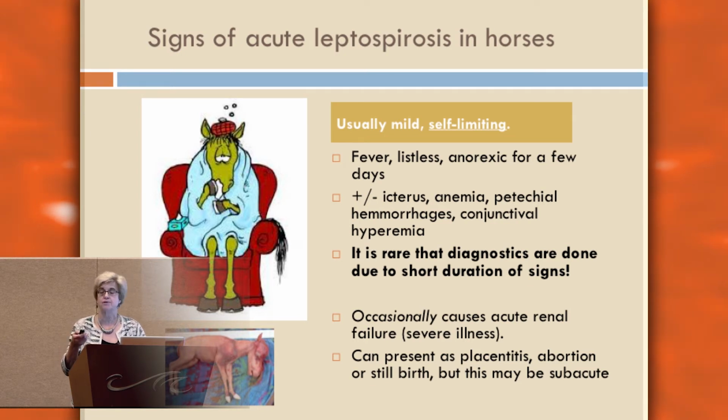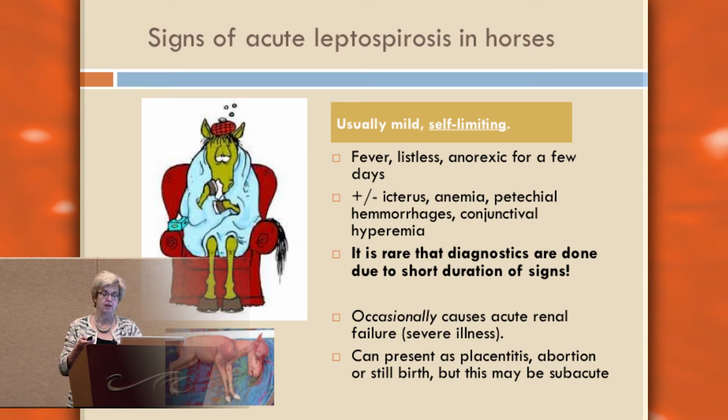If it's a horse that's stabled, yeah, they might notice it's a little bit dull, a little bit listless. It may have a fever. If they take a white count, that's going to be off. If you're really looking hard, you may see some icterus, you may see anemia, you might see petechial hemorrhages, I never have, and you may see conjunctival hyperemia, but you're not going to see hot eye signs. So it's very rare that the diagnostics are done with the acute cases.